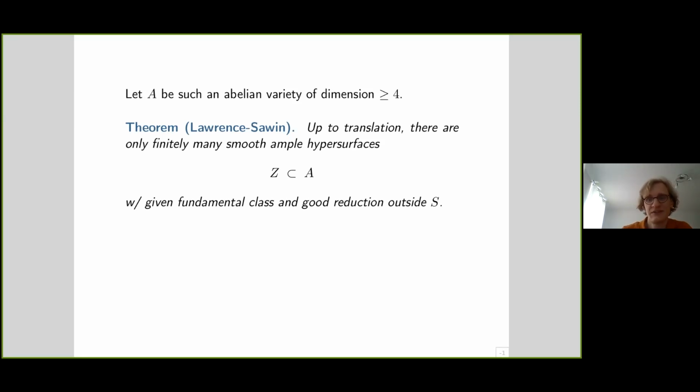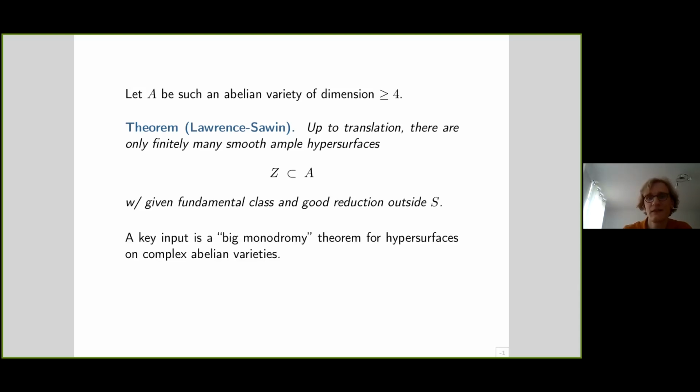So this is a general instance of the Shafarevich conjecture, which says that under certain assumptions, if you fix the numerical data for a class of objects, then there should be finitely many up to isomorphism which have good reduction outside a given set of primes. And a key input in their proof, apart from methods from p-adic Hodge theory, is a geometric statement about the monodromy for families of hypersurfaces in abelian varieties, and this you can actually read over the complex numbers if you like.